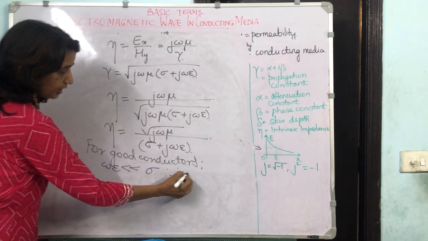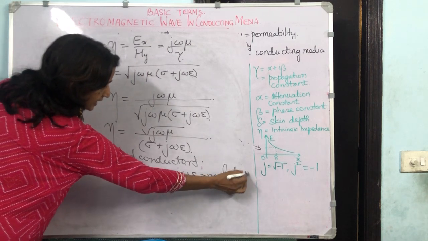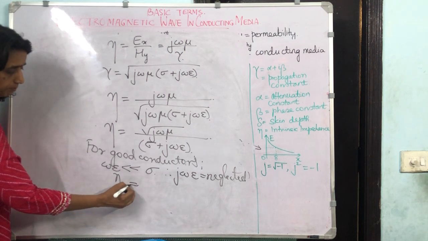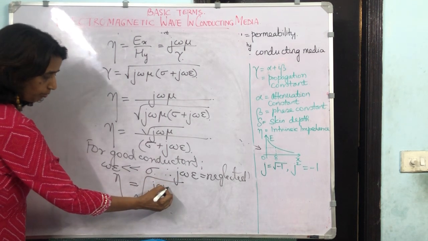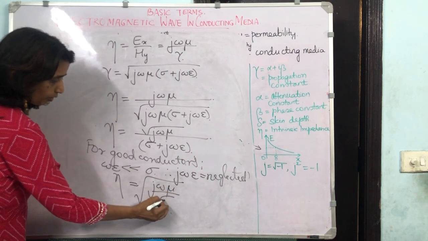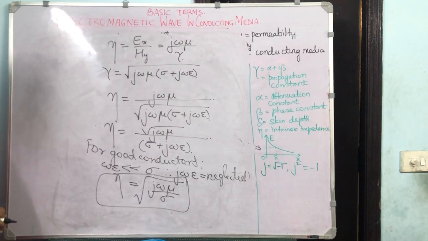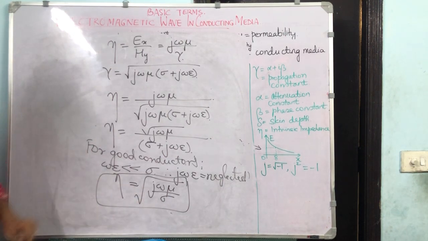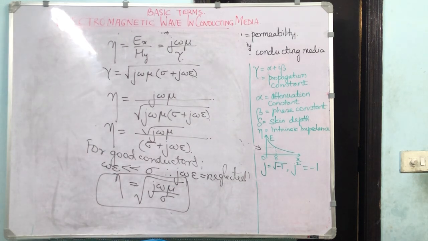Therefore, j omega epsilon can be neglected easily, and we are left with the intrinsic impedance eta equal to under root j omega mu upon sigma, that is conductivity. This intrinsic impedance of a good conductor is a complex quantity, and it is given by under root j omega mu upon sigma.